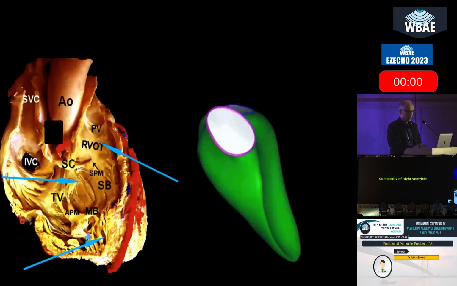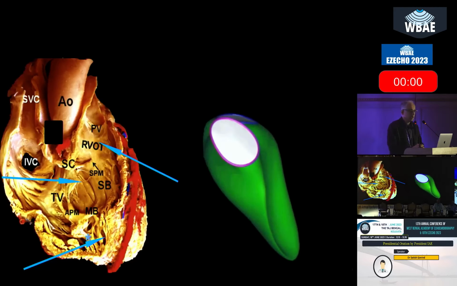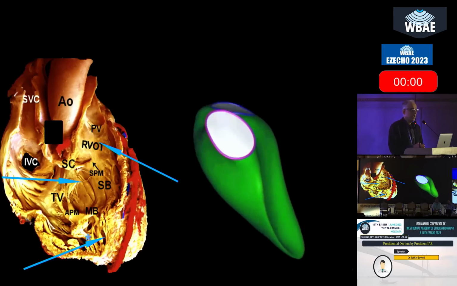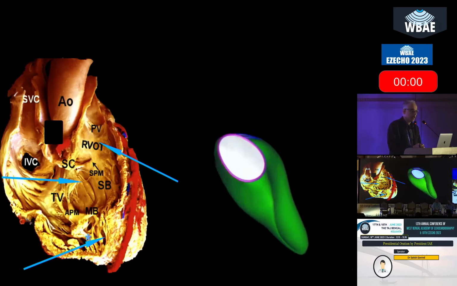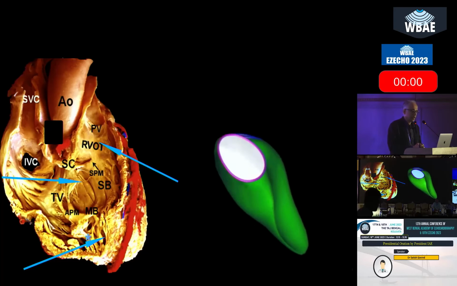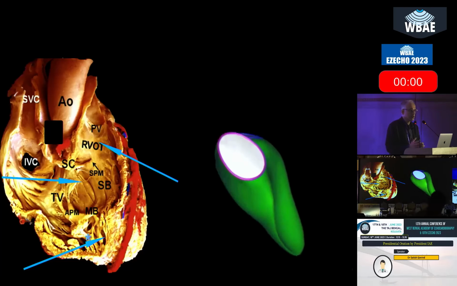So a brief look at the complexity of the right ventricle itself. We have seen this many times. Just a brief overview. You look at the chamber, it has an inflow, and then you have an apex which is trabeculated and a smooth outflow. And you look at the 3D image over there, you see the shape also. It's got a shape which has no geometry itself.